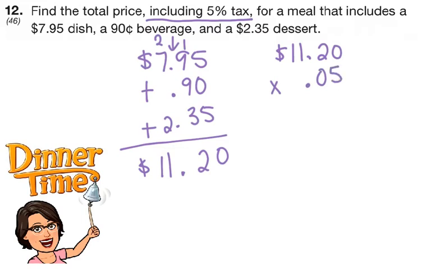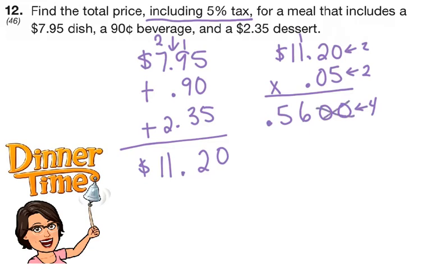All right, so to add tax, you should have done $11.20 and figured out what tax was. So you're going to multiply it times 5 hundredths. 5 times 0 is 0, 5 times 2 is 10, 5 times 1 is 5 plus 1 is 6, 5 times 1 is 5. I've got 2 digits after the decimal here, 2 digits after the decimal here, so I need 4 digits after the decimal here. Now, when I read money, I don't read the thousands and 10,000s place, I only read the tenths and the hundredths.